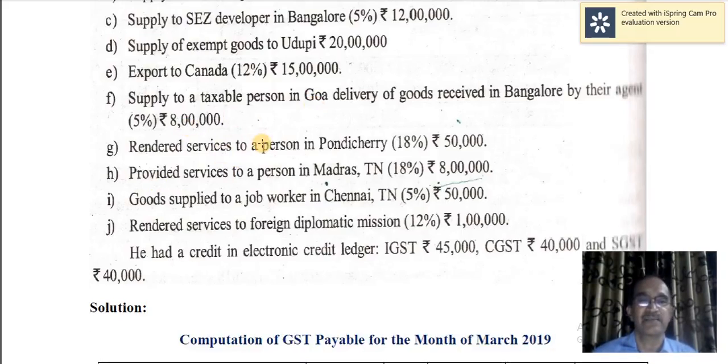Rendered service to a person in Pondicherry. So again, interstate transaction, and therefore IGST has to be calculated on this. Provided service to a person in Madras. Even this one, interstate transaction, IGST at the rate of 18% on 8 lakh. Goods supplied to a job worker in Chennai.